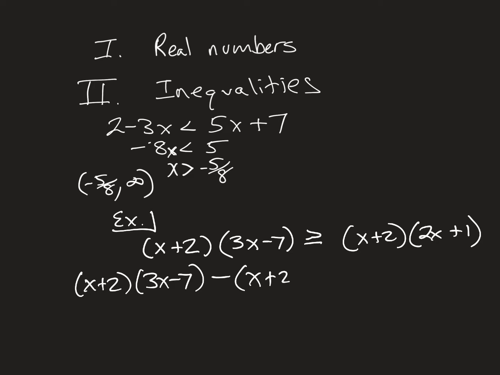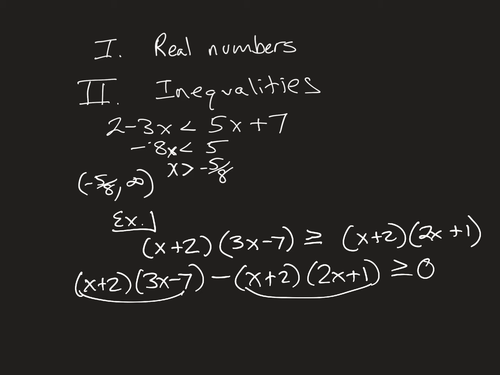Minus x plus 2, 2x plus 1. And I notice here that I just have two groups of numbers separated by subtraction. Remember when factoring, the first thing you always want to do is ask whether there is a GCF that I can factor out, because that may make my life easier.